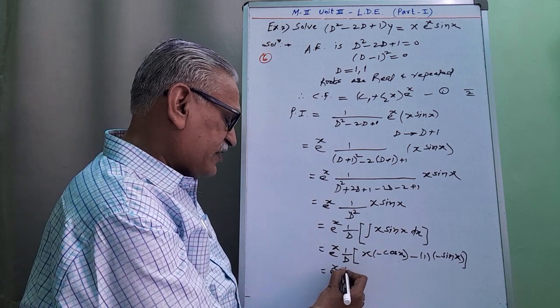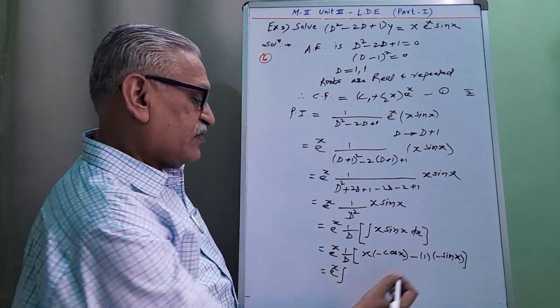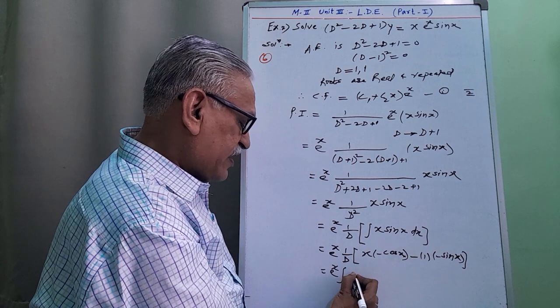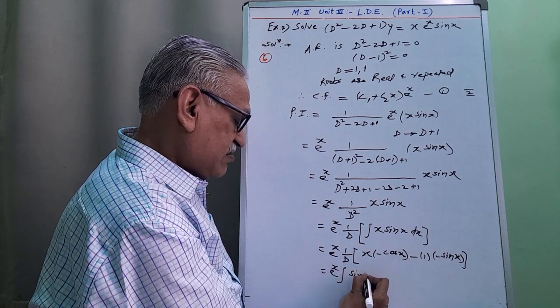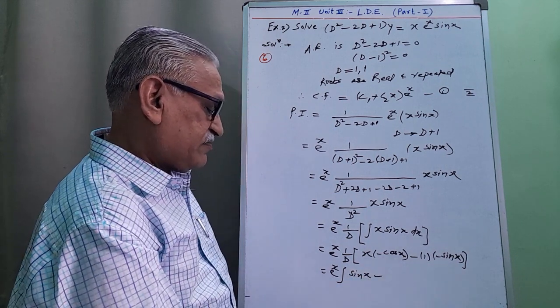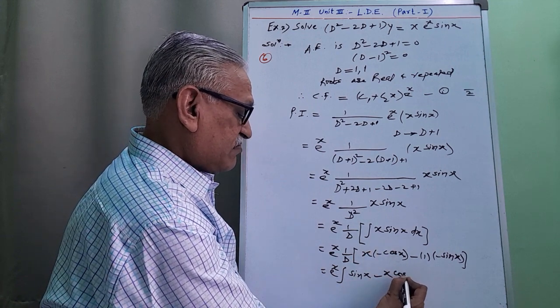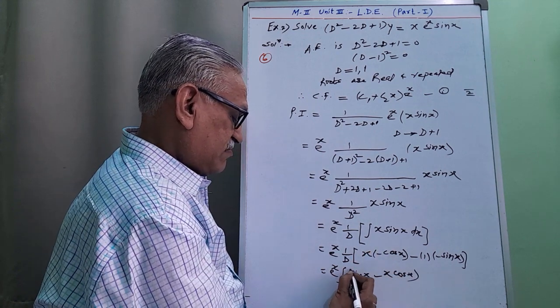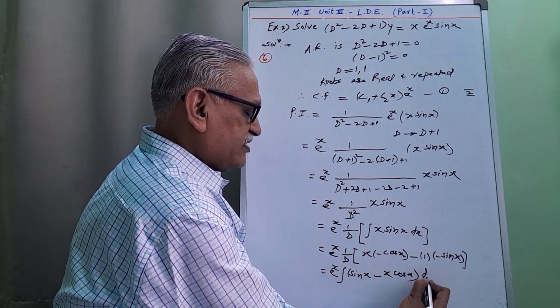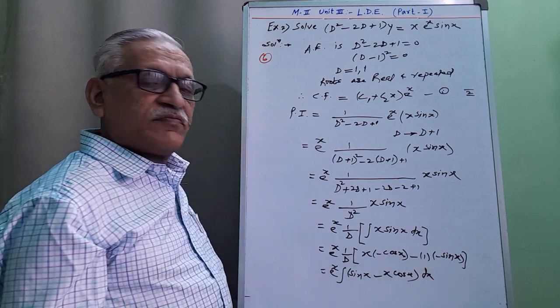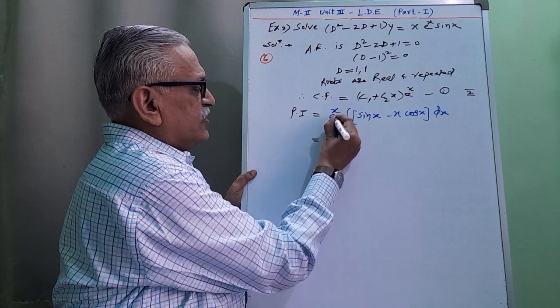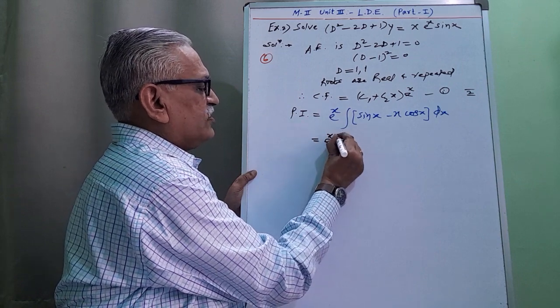1 by D means once again integration of minus minus, it becomes sin x and minus x cos x, and then its integration with respect to x. It is equal to e raised to x as it is, no change.